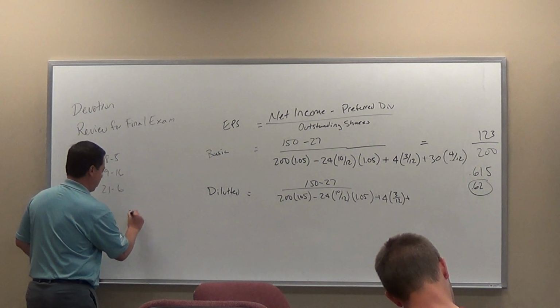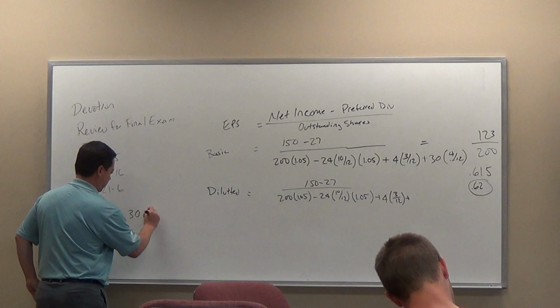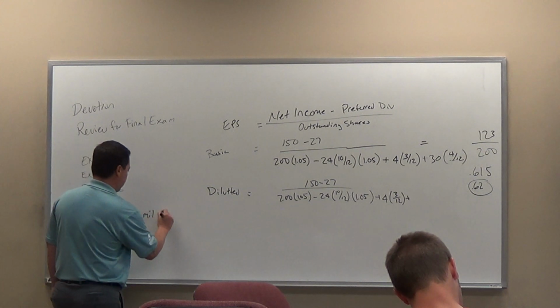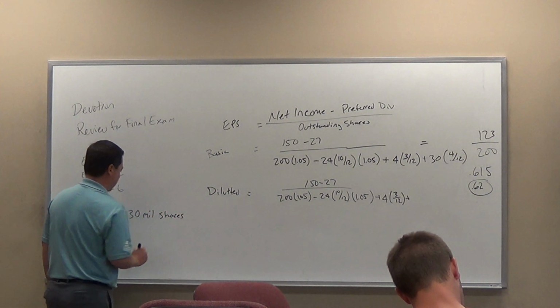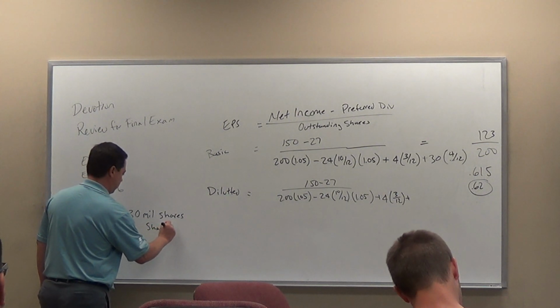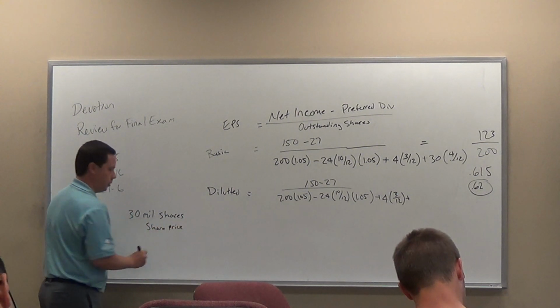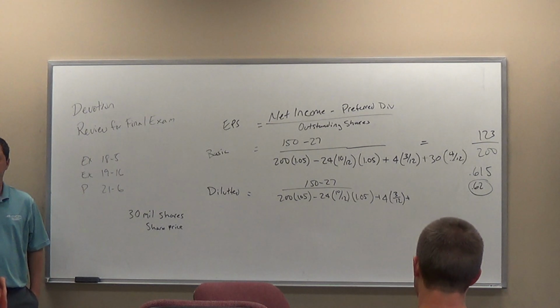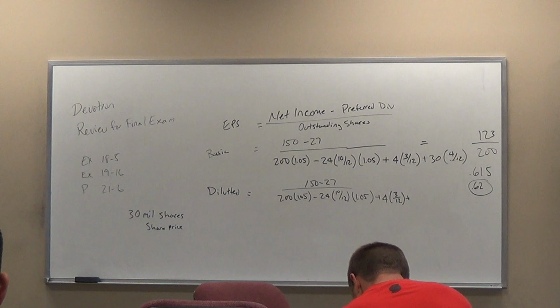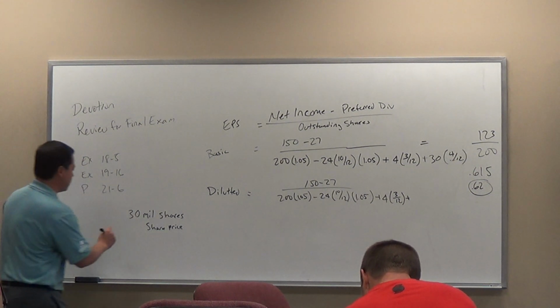So we have 30 million shares that we need to purchase. What's the cost of that? I think we gave it to us somewhere in there. $56. Okay.